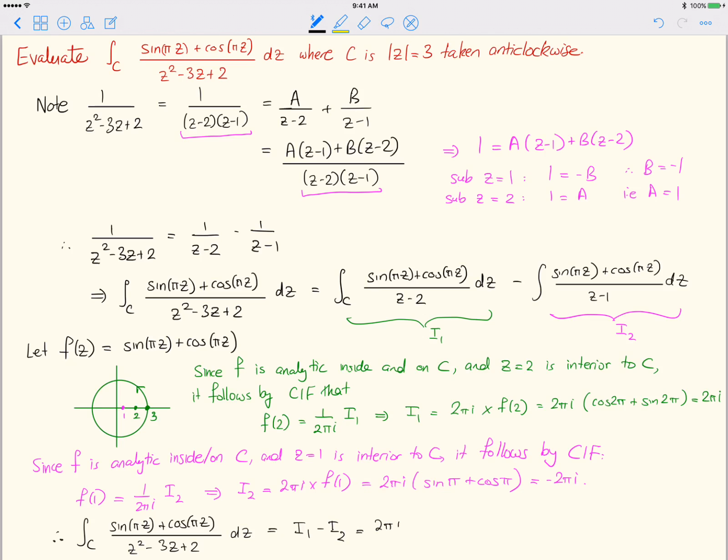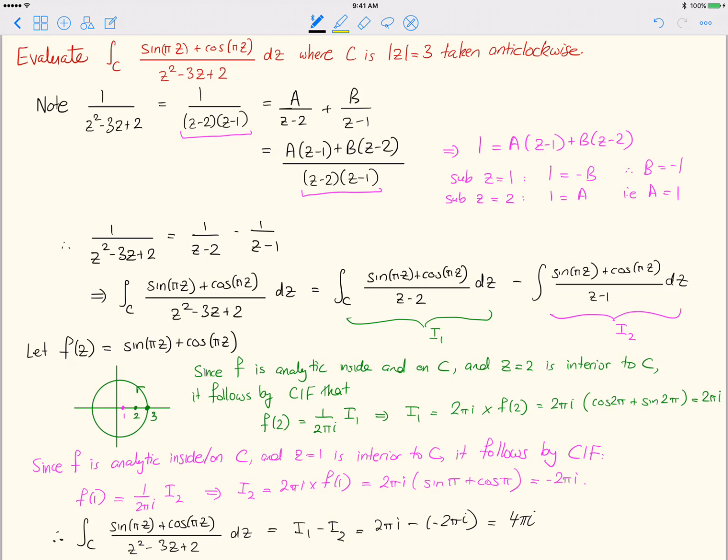I1 was 2 pi i, I2 was negative 2 pi i, so that leaves me with a final answer of 4 pi i. And that's pretty much how you do it. As you can see, Cauchy's integral formula is just a formula that you apply really. It's not really that tricky either. In any case, I don't think you can really get a question trickier than this one.